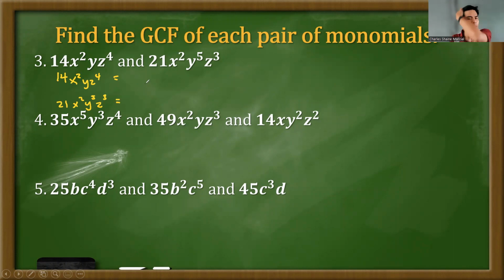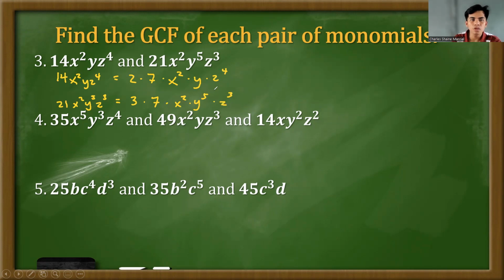Okay, so hanapin naman natin yung prime factors ng 14. So we have 2 times 7, since 2 times 7 is equal to 14, times x squared times y times z raised to 4. And for 21 naman, we have 3 times 7 as well, times x squared times y raised to 5 times z cubed.